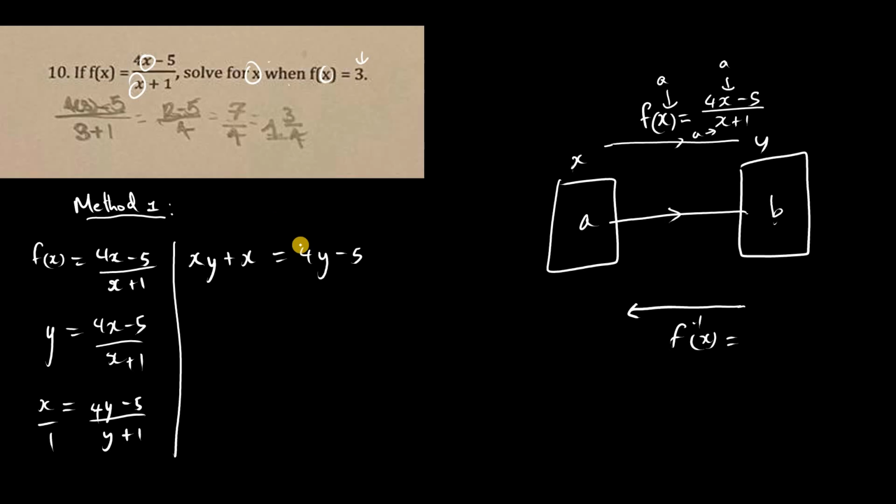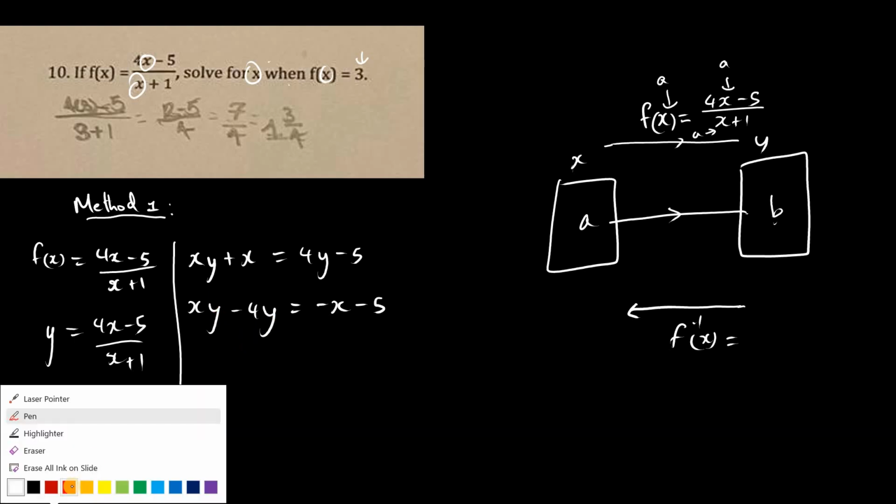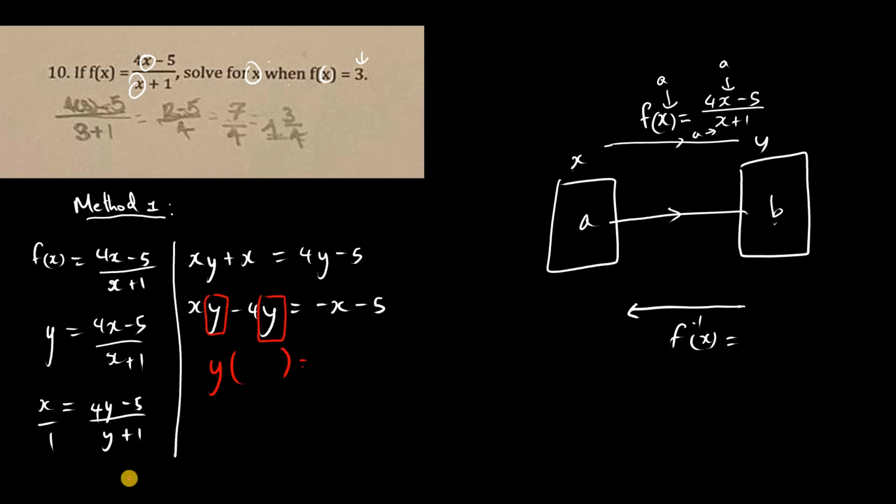Then after that, we're going to exchange these guys. So we have xy from a plus 4y to a minus 4y, and from a plus x to a minus x. Hope that is clear. Then we want to factor out the y.